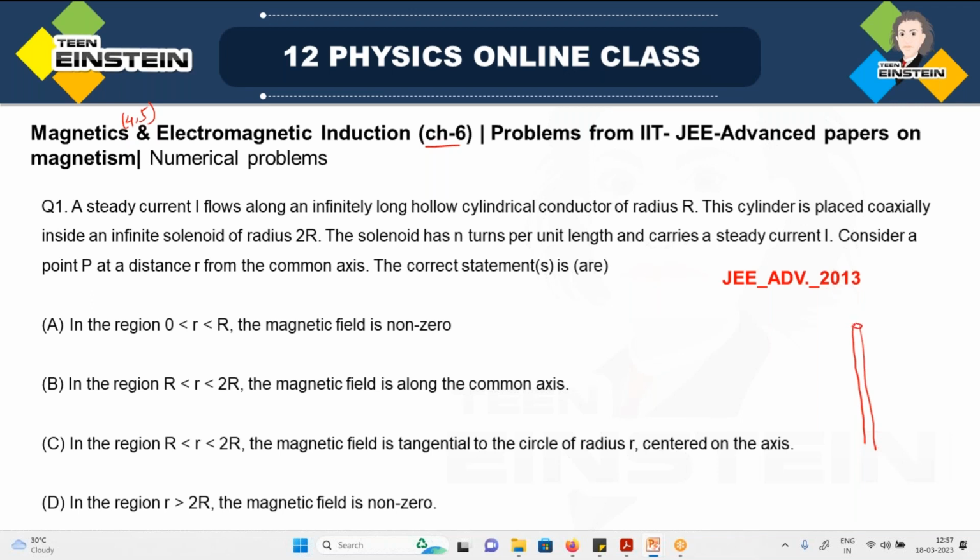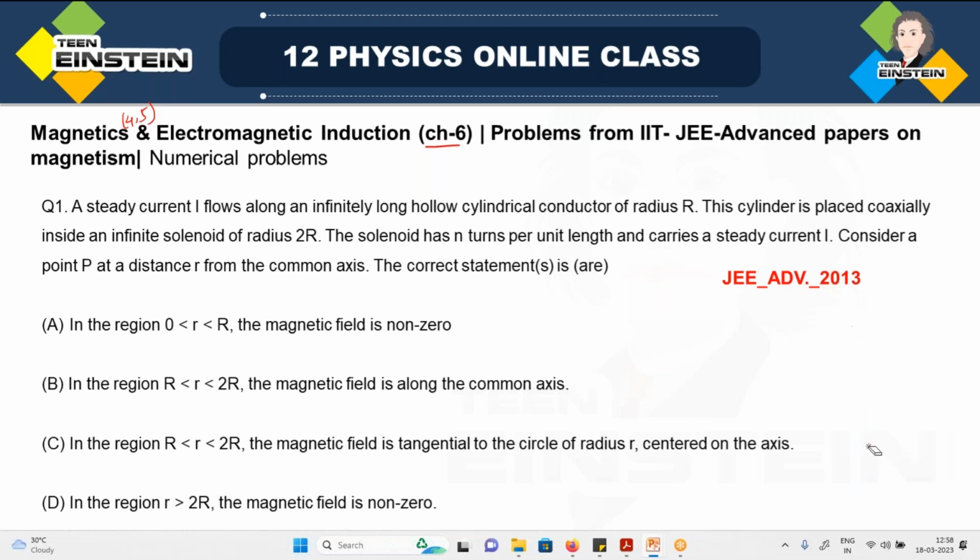This is a hollow cylindrical conductor like this, and it is actually carrying a current I. Okay, and it has radius r, diameter of which is 2r.